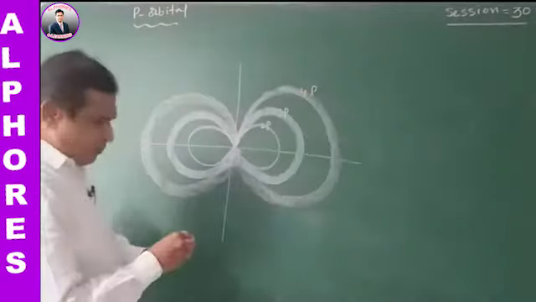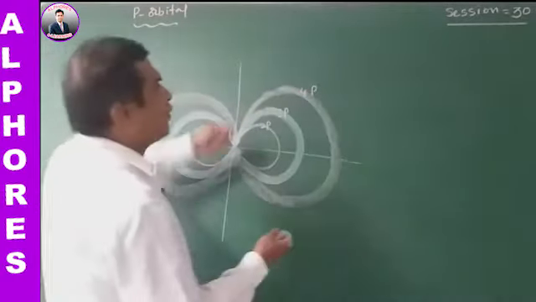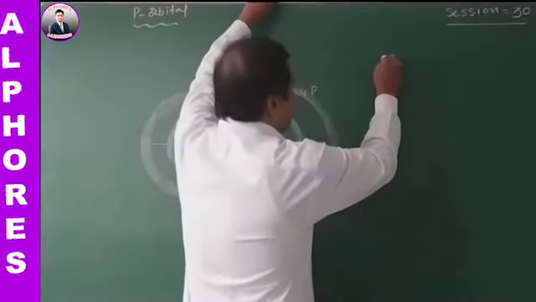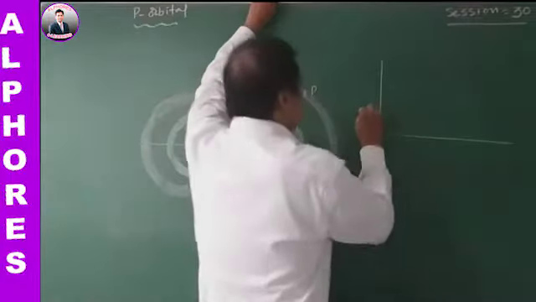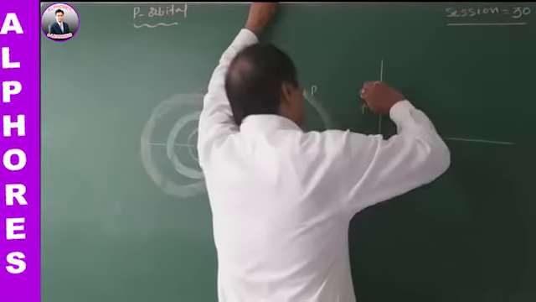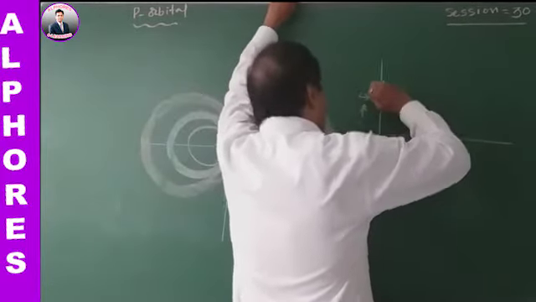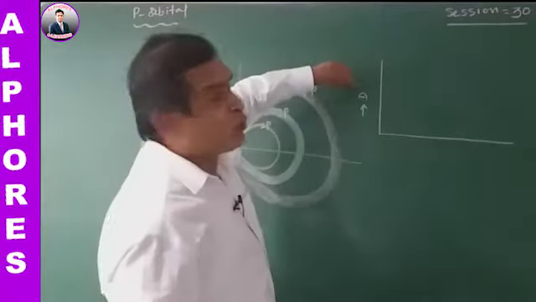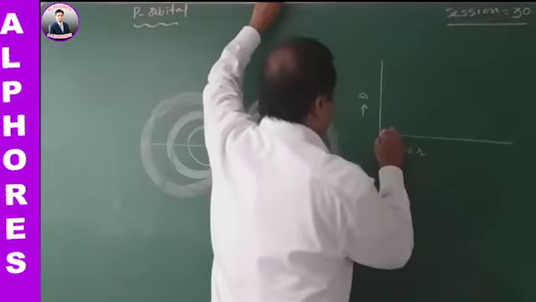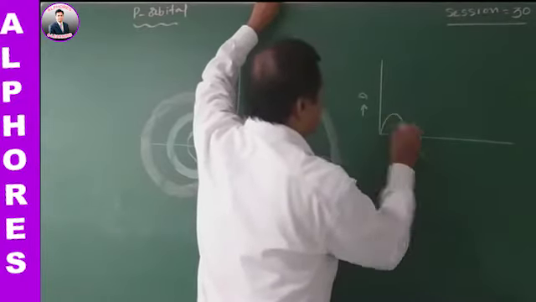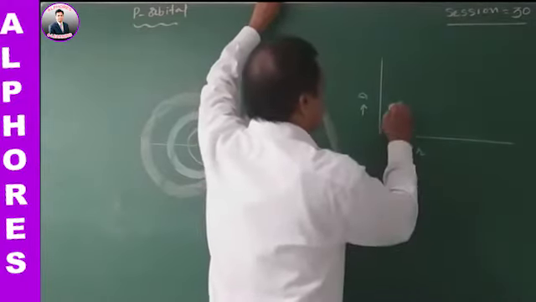Okay. Now, when you plot a graph between radial probability, that is 4 pi r square dr psi square, versus the radial distance from the nucleus, the 2p orbital is having one peak. This indicates 2p orbital.